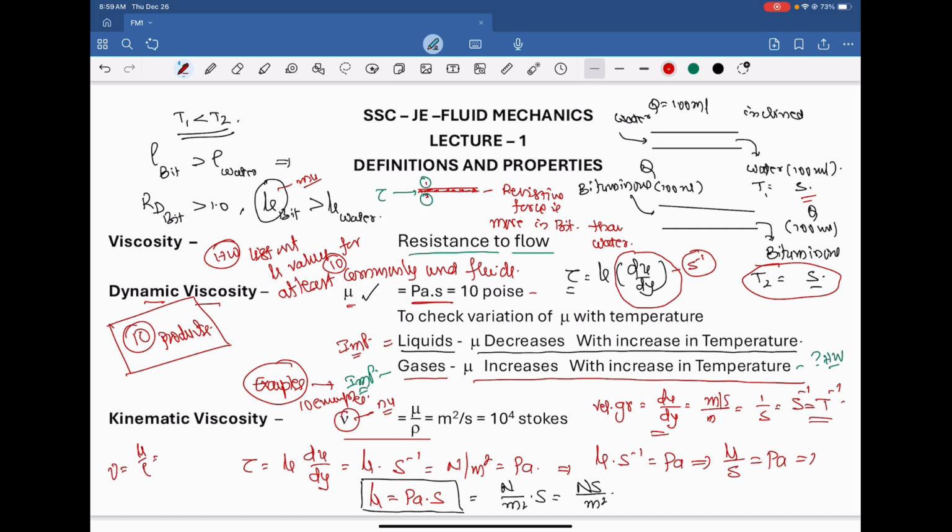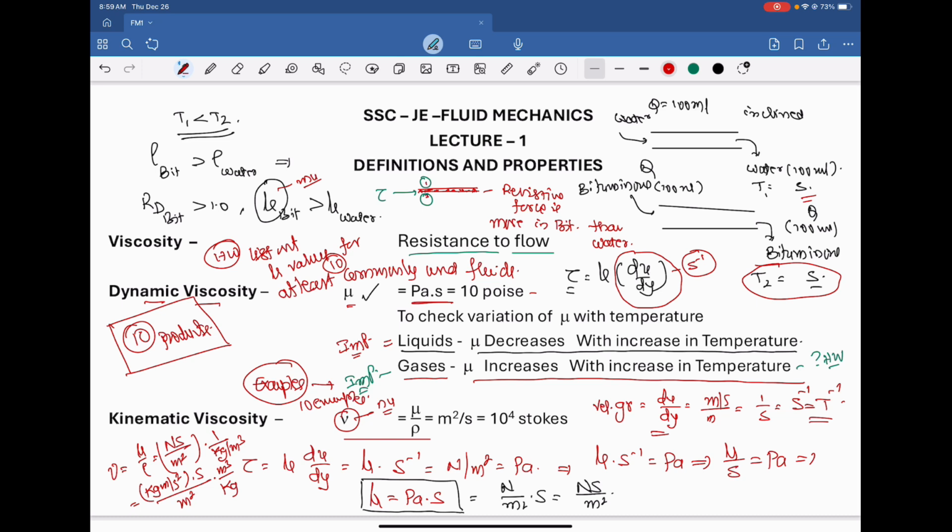What is mu? Newton second by meter square. 1 by rho is 1 by kg per cubic meter. Newton is kg meter per second square, so Newton second divided by meter square, into meter cube by kg.